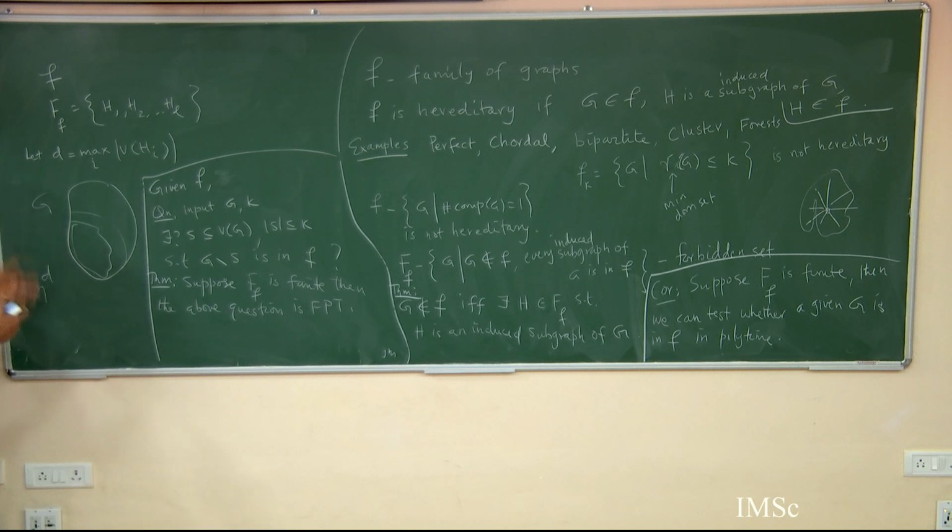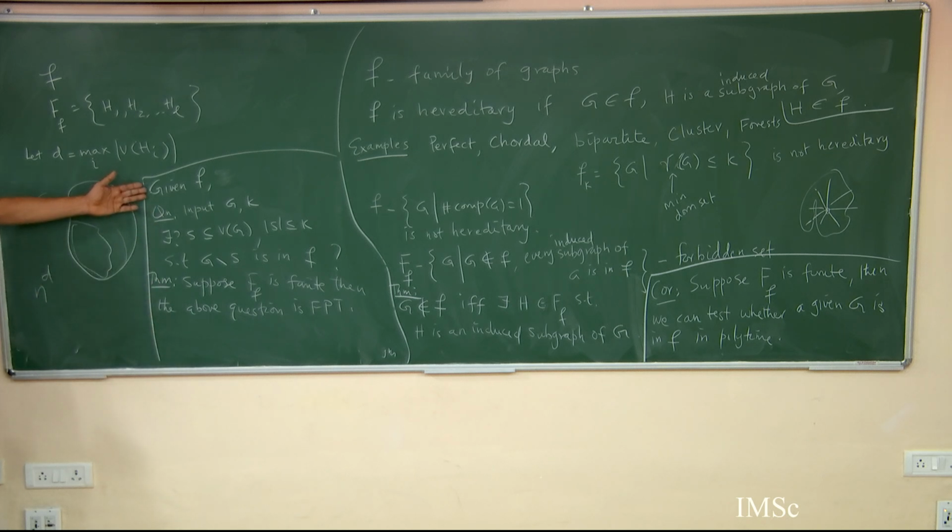I find some H_i which is inside G; if none is inside G, G itself is in my class and I am done. If not, I say, here is this forbidden subgraph, I need to delete one of these vertices, so I try one at a time. That gives me a d^k branching algorithm. This is how we did cluster vertex deletion, vertex cover like this.